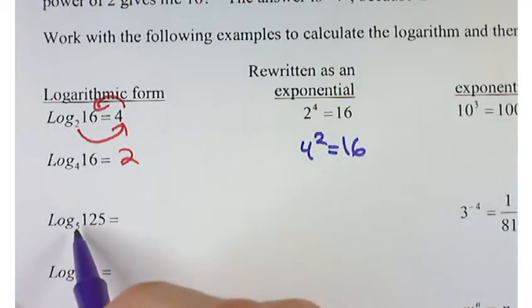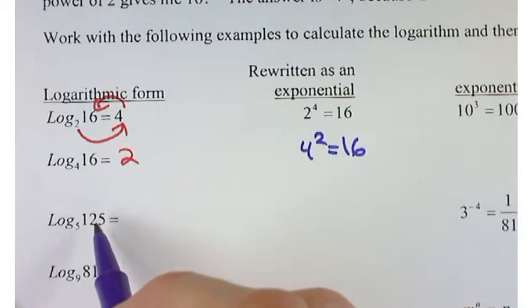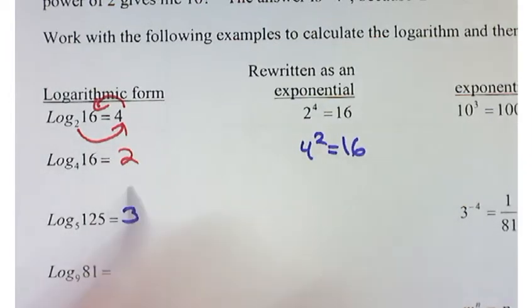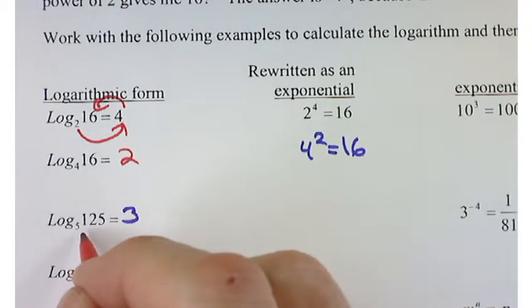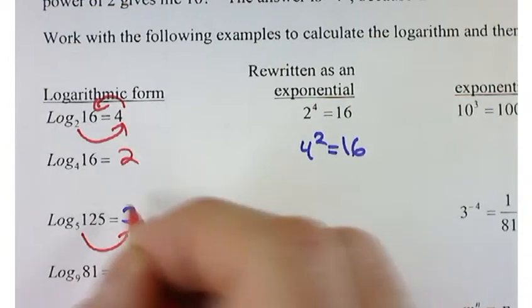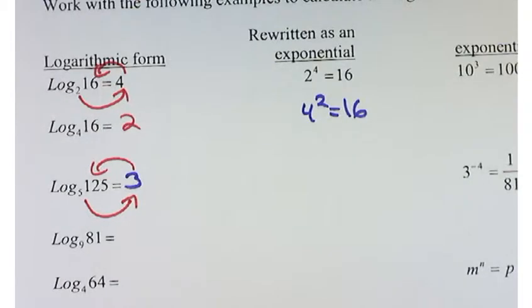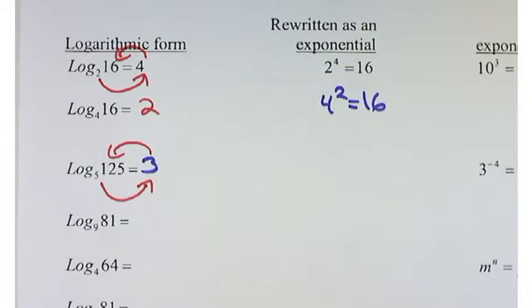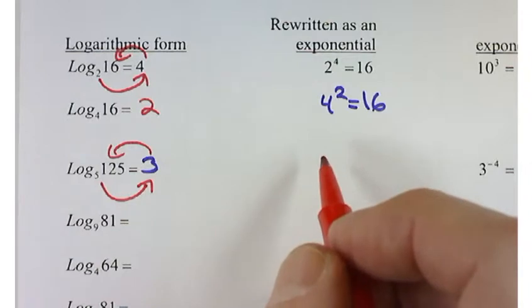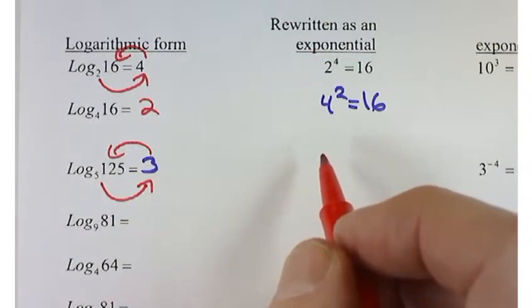What power of 5 gives me 125? 3. And like the previous couple, you should be able to rewrite this using exponents. It's this to this power equals that. And that's something you can actually check on your calculator if you wanted to. So equivalently using exponents, what would this one be?